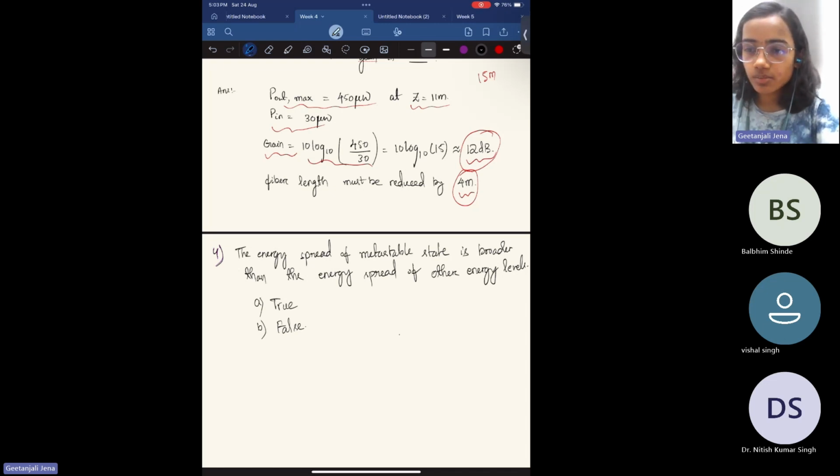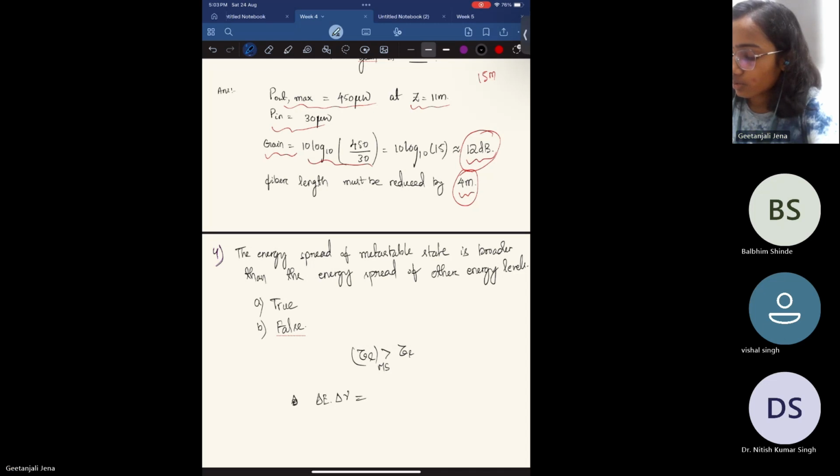So the lifetime of the metastable state is normally greater than the lifetime of other states. And for the energy spread, if you recall, delta E delta T is about h cut, where delta T is nothing but the lifetime tau L. So delta E, the energy spread, is inversely proportional to the lifetime.